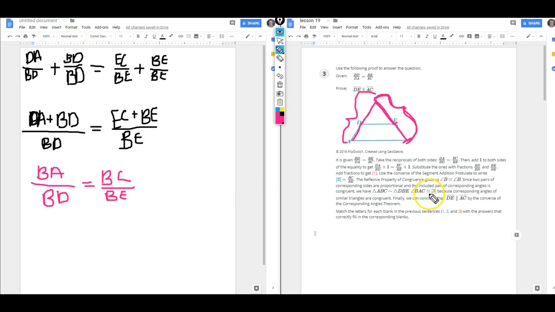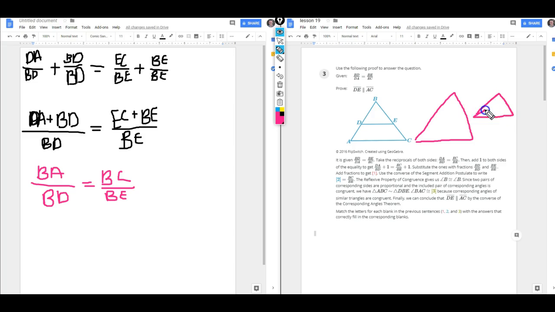All right, so now I jump to the third blank. Angle BAC is congruent to blank because corresponding angles of similar triangles are congruent. So I'm going to ask myself, which angle is corresponding and what triangles are they talking about? So they have triangle ABC and triangle DBE.